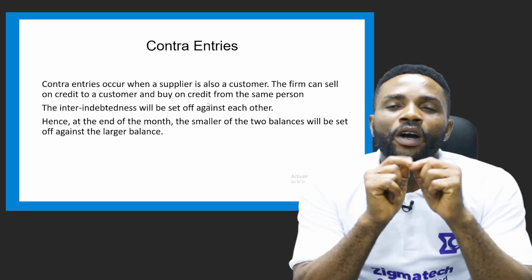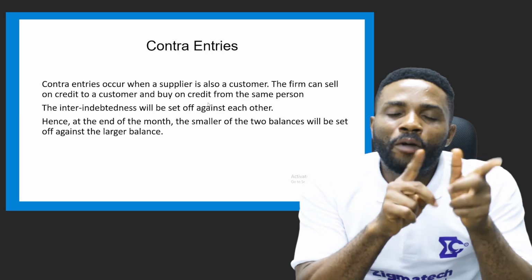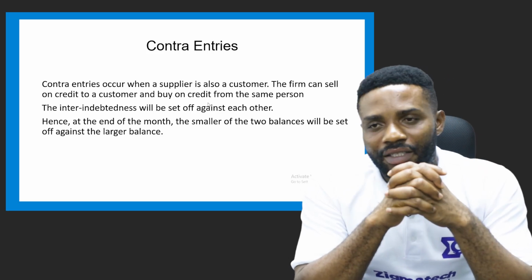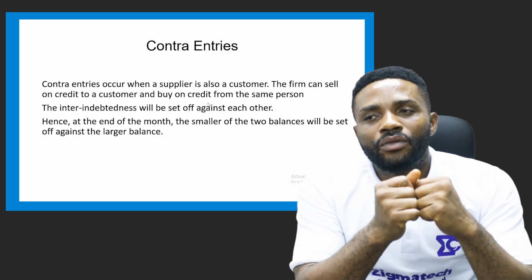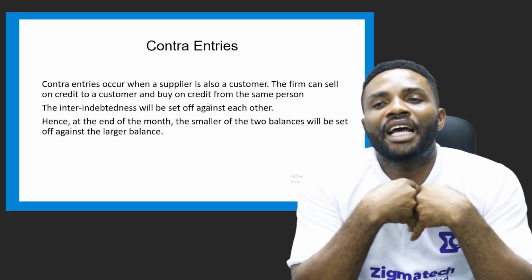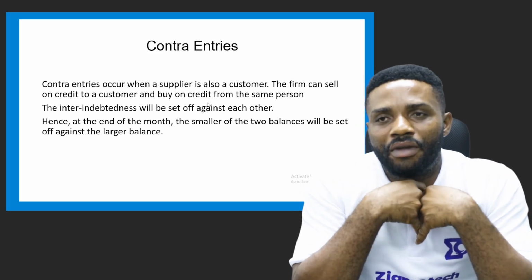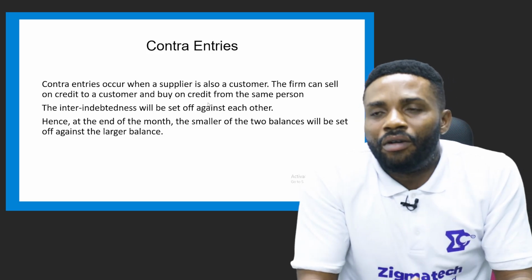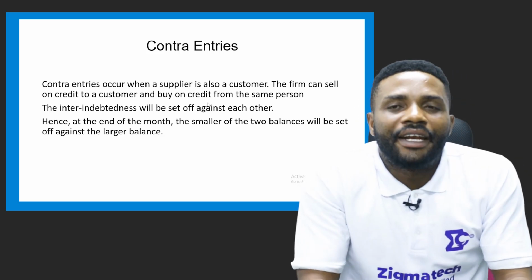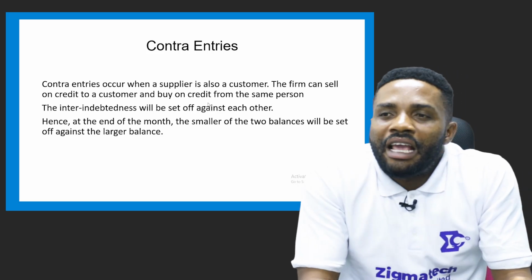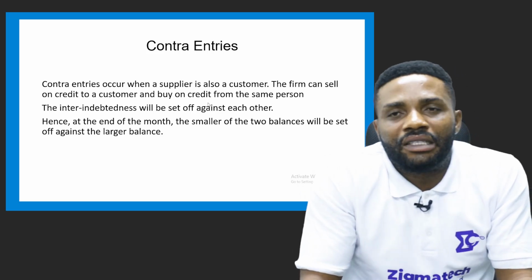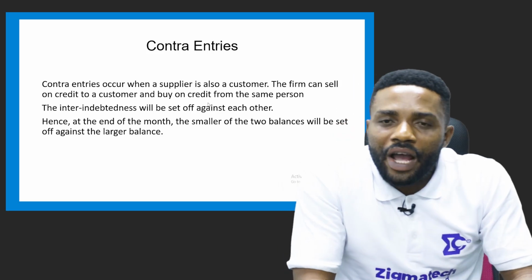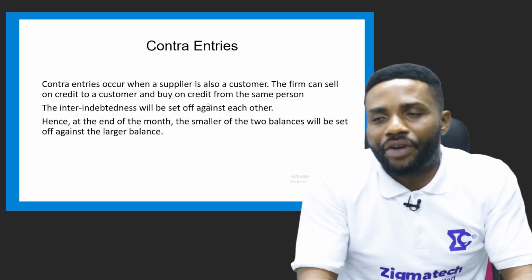Now, for instance, let's assume we are manufacturers of cement. We manufacture bags of cement. And then Peterson is just a retailer of cement. He comes to the warehouse to buy cement on credit.